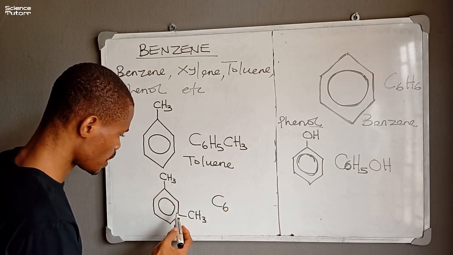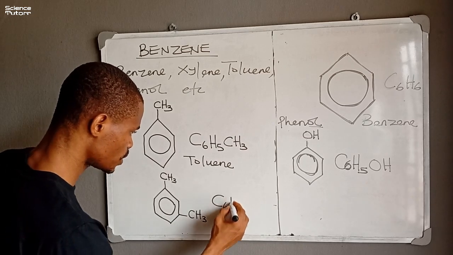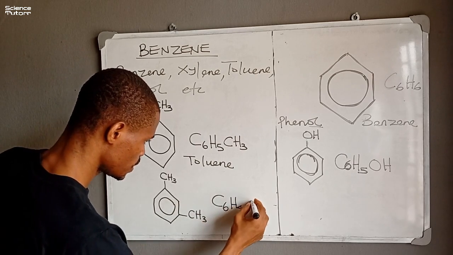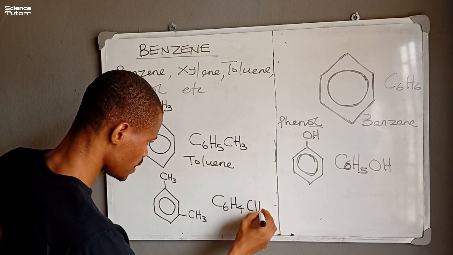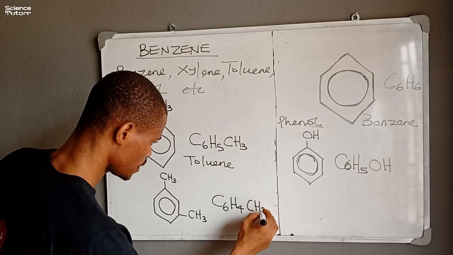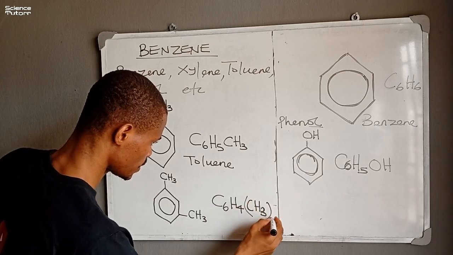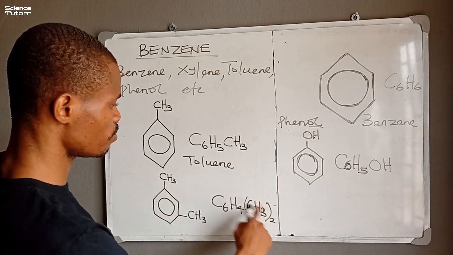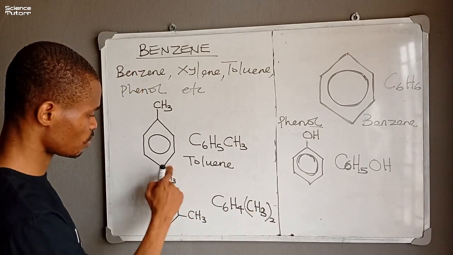One hydrogen reduced here, another hydrogen reduced here, making hydrogen 4. So C6H4, CH3 twice. So the hydrogen atoms drop by 2, making the methyl group double.